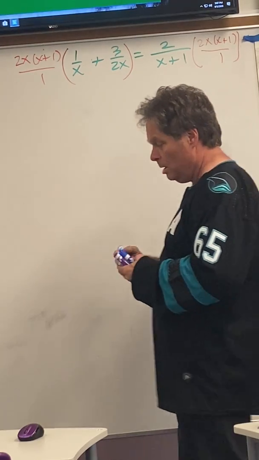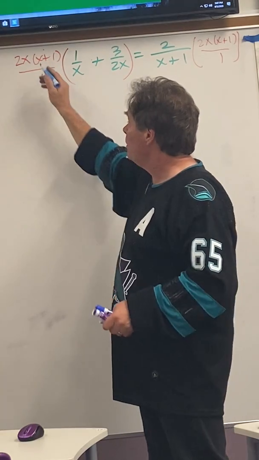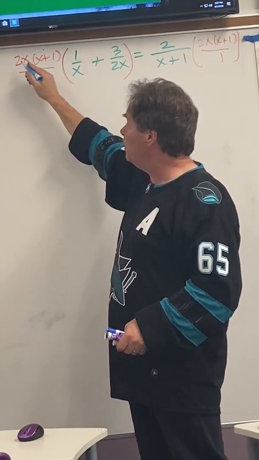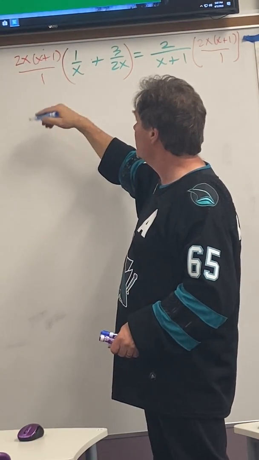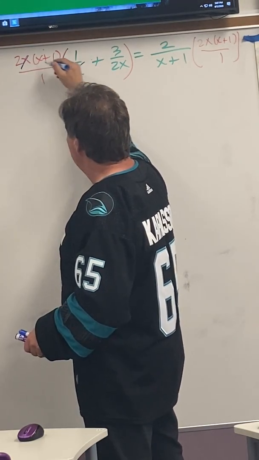Now, watch closely what I'm doing here. This x cancels with this x, leaving me with 2 times x plus 1 times 1. They both turn into 1s.